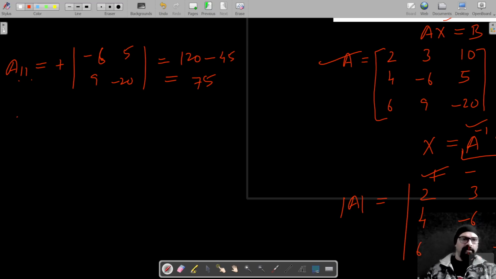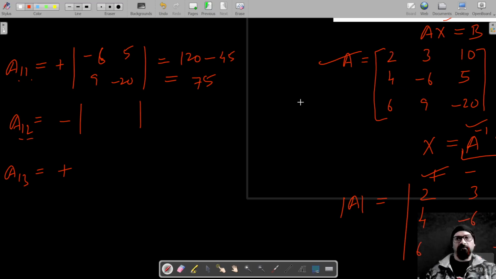Let's find out A12, which is negative, since 1 plus 2 is 3, which is odd. So remove the row and the column for 3. We are left with 4, 5, 6, and negative 20.